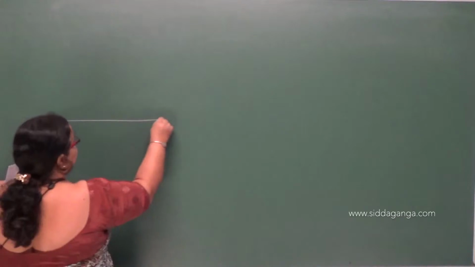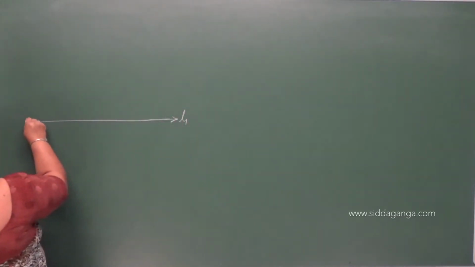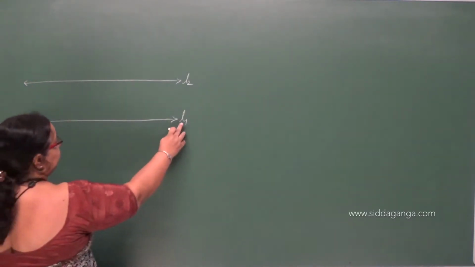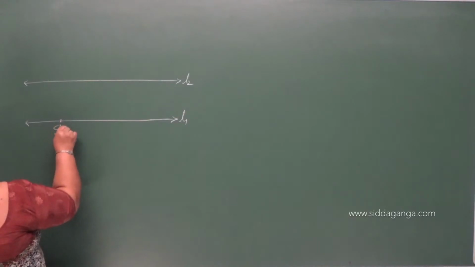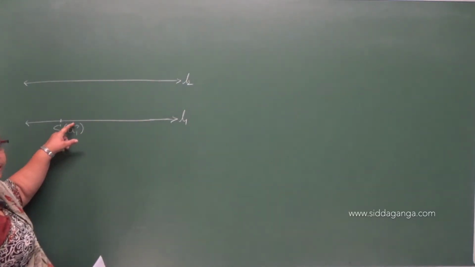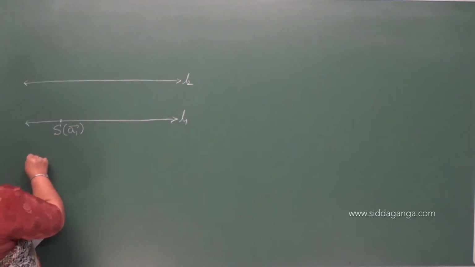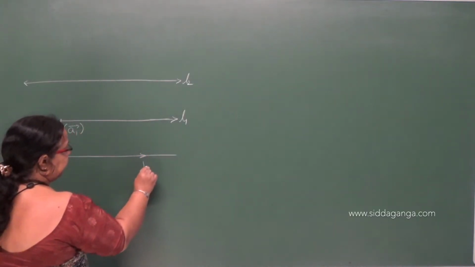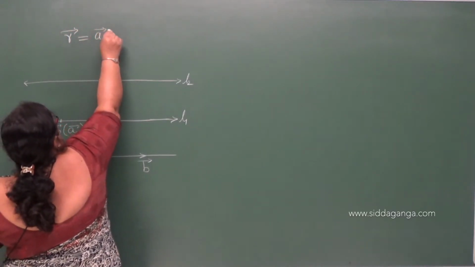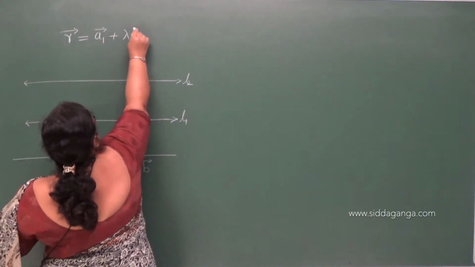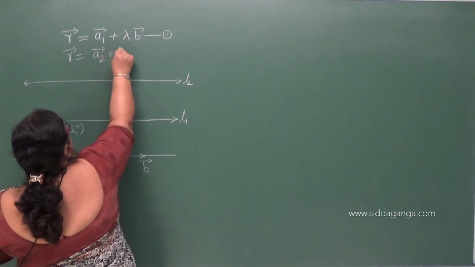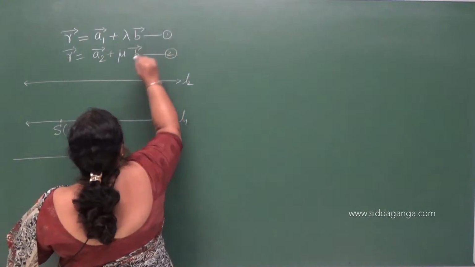This is the first line L1, and this is the second line L2, and the line L1 passes through the point S. You take the position vector of that point S as vector A1, and it is parallel to vector B, because the two lines are given by vector r equal to A1 vector plus lambda times vector B. This is line 1. Vector r equal to vector A2 plus mu into vector B. This is equation 2.